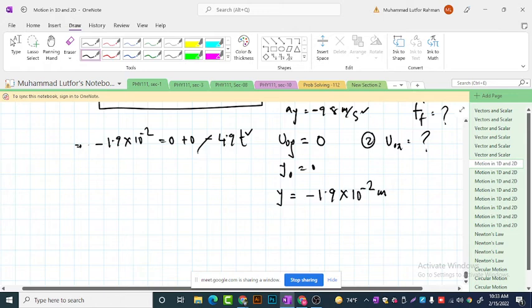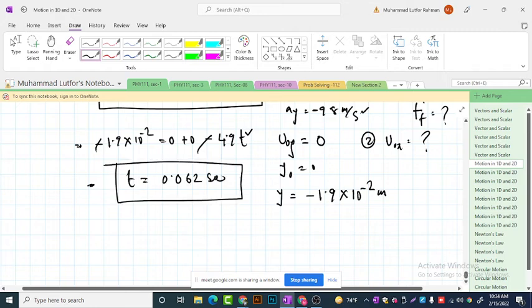Then I can neglect this minus sign from both sides. If you solve this one, you will find that t is going to be 0.062 second. That would be your time of flight. This is the answer to question number 1.